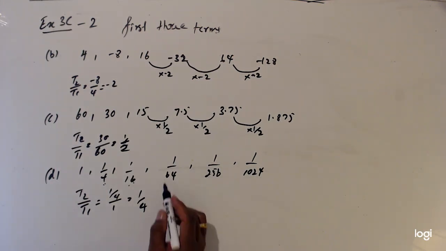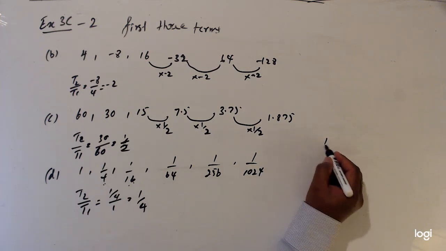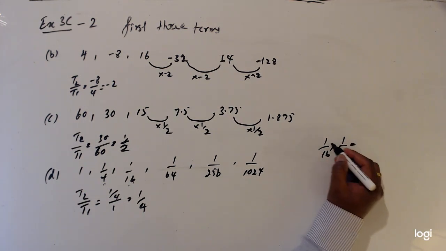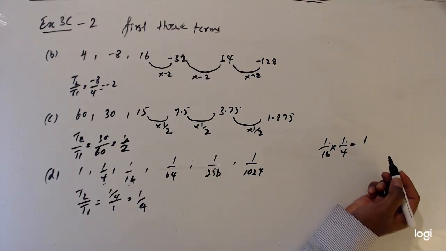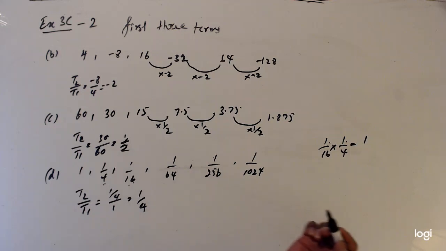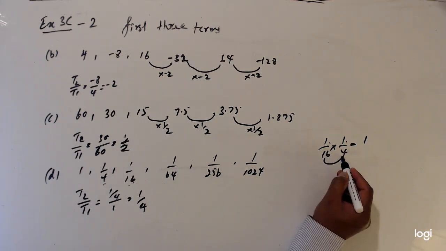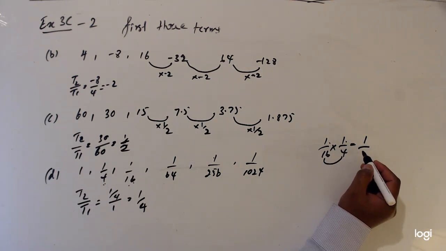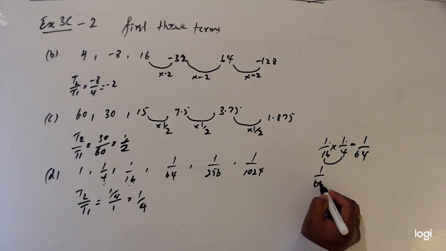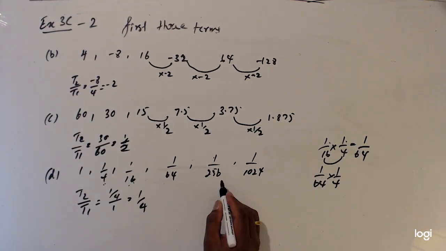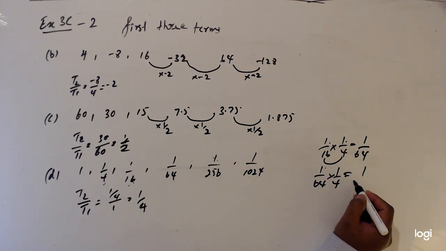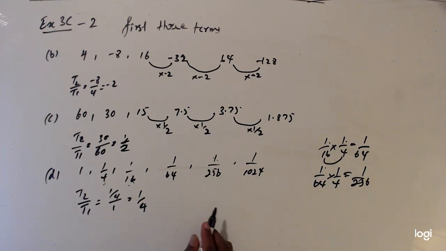Basically, I multiply each term, 1 over 16 times 1 over 4. I know that 1 times 1 is 1. That's why I wrote all the tops as 1, because it's going to be 1. And 16 times 4 is 64. Then 1 over 64 times 1 over 4. So 1 times 1 is 1. That's why I wrote that one. And this is 256.